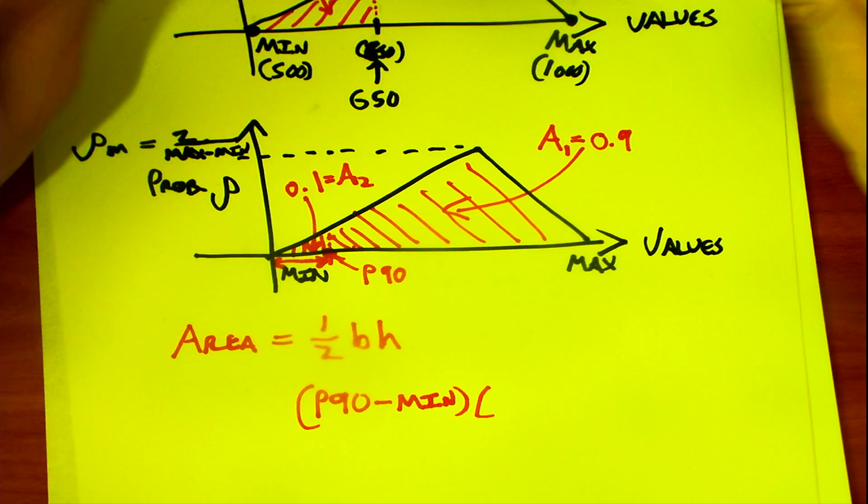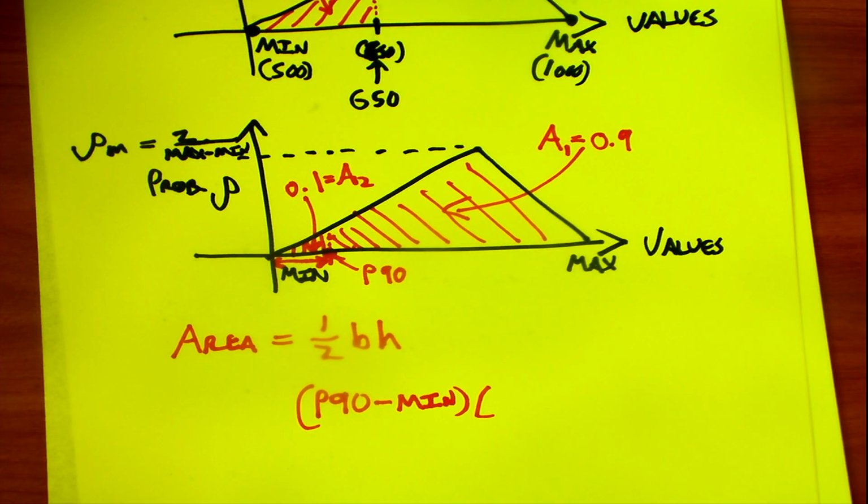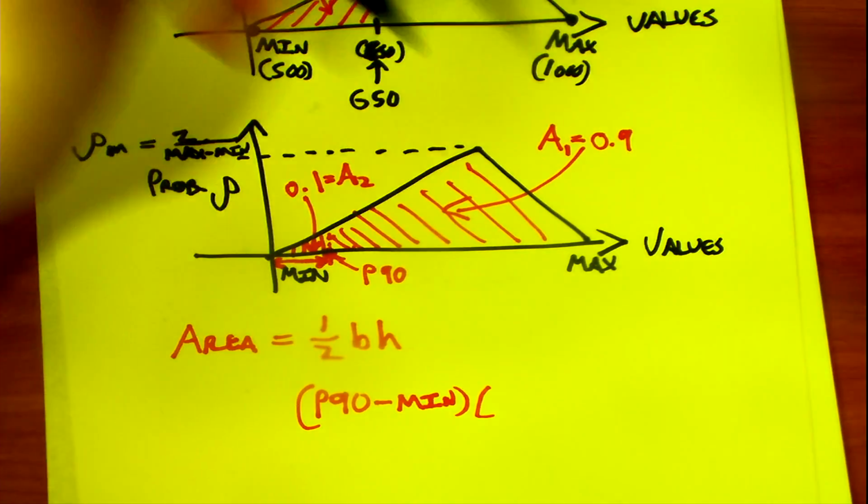The value of the minimum is not necessarily 0, but the probability density is defined as 0 at the minimum and the maximum. So that simplifies part of it. Yep, and that's the equation.